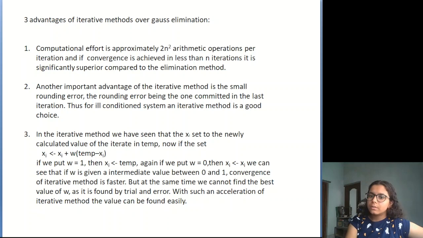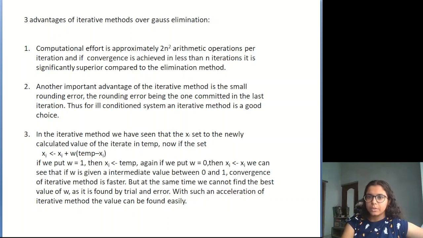If we put w equal to 1, we get x_i assigned the new value. If we put w equal to 0, we just assign x_i to x_i. If we choose an intermediate value of w between 0 and 1, convergence of the iterative method is much faster. We cannot actually calculate the value of w; we have to find it by trial and error. So the acceleration of the iterative method is quite attractive compared to the Gauss elimination method.